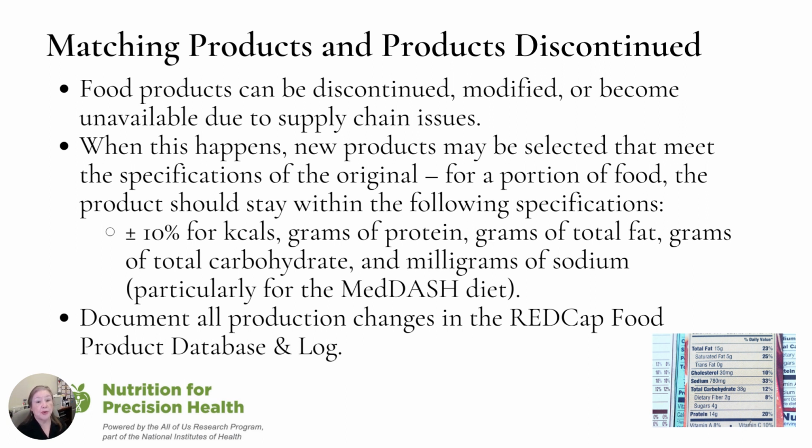When this happens, new products may be selected that meet the specifications of the original for a portion of food, and it should stay within the following specifications: plus or minus 10% for calories, protein, total fat, carbohydrate, and sodium in particular for the Mediterranean DASH diet. We must document all production changes in the REDCap food product database and log.